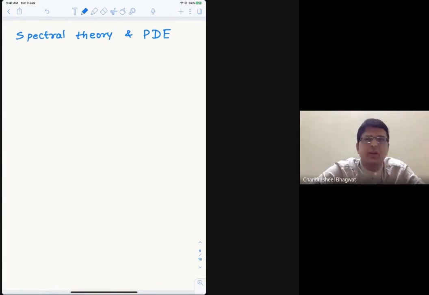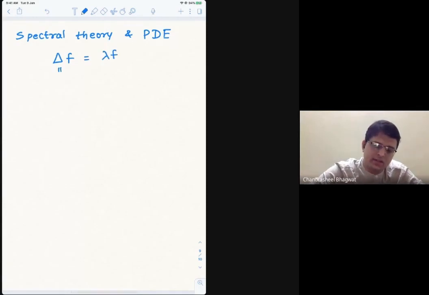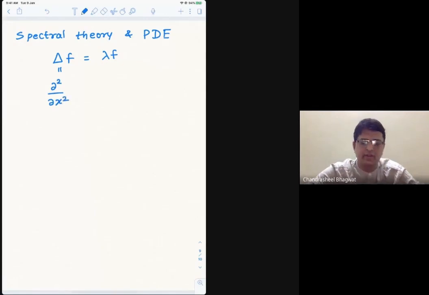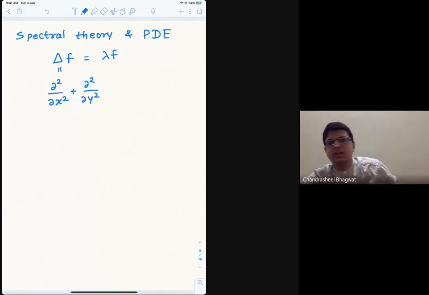We are going to talk about one of the most important PDEs mankind has looked at, called the heat equation. The version which I'm going to talk about is the Laplace equation. In its most simplistic form it is the second partial derivative with respect to each variable, summed; for 2 variables it's like this, and for n variables you can guess how it looks.